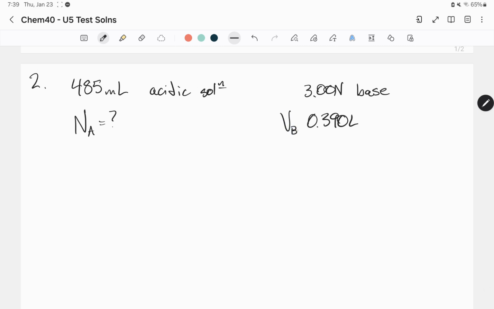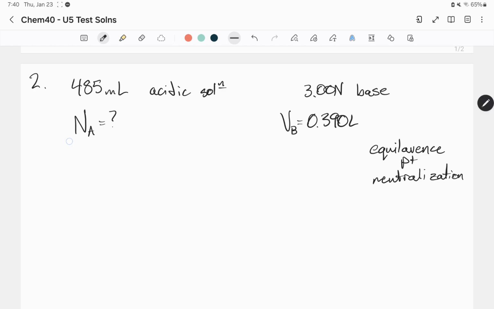So that's going to be the volume of the base to reach the equivalence point of titration. So just noting that equivalence point, this means neutralization has occurred, right? That's what we're thinking. So neutralization occurring, titration.